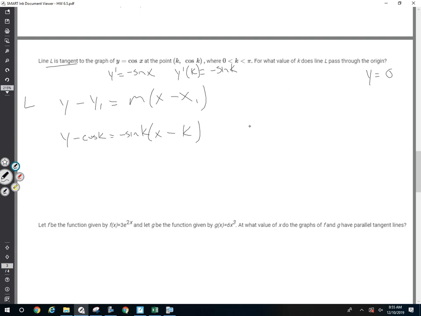I'm gonna draw a picture here. This will help me. I got cosine between 0 and pi. Cosine of pi is -1.